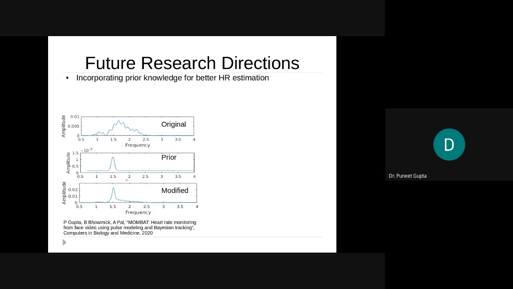So now let's assume that you are looking at the Tth window. In the previous time window, which is t minus 1, you know your heart rate is, let's say, 90. So 90 divided by 60 is 1.5. So this is the kind of spectrum that you have produced there.